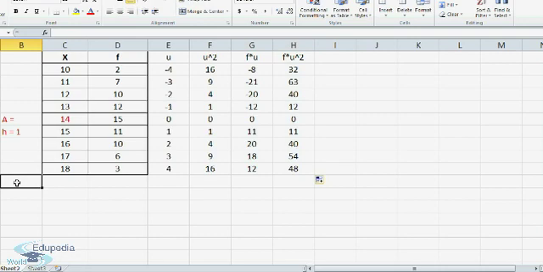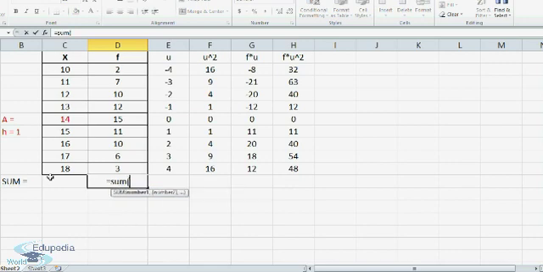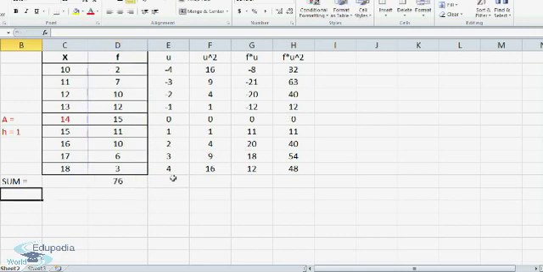Next I need to find the sum of all these. So of course I need to find the sum of f as well. The sum of f would be the sum of the values in this column, that happens to be 76. Next I need to find the sum of fu and fu square. So these are the values here. What next?